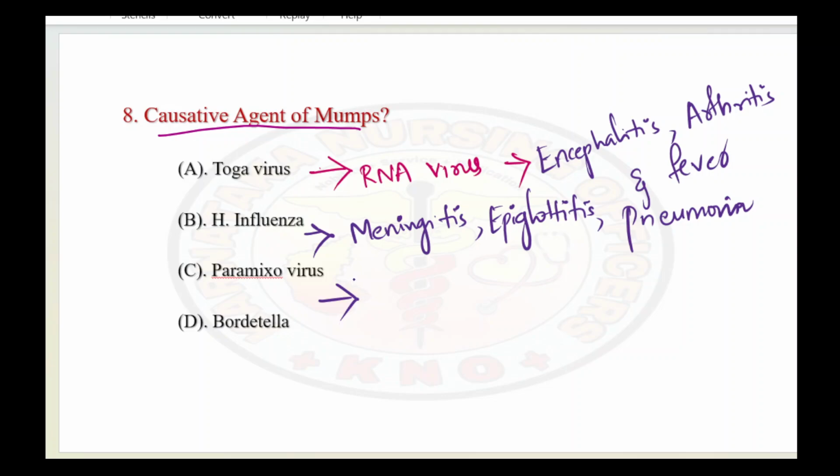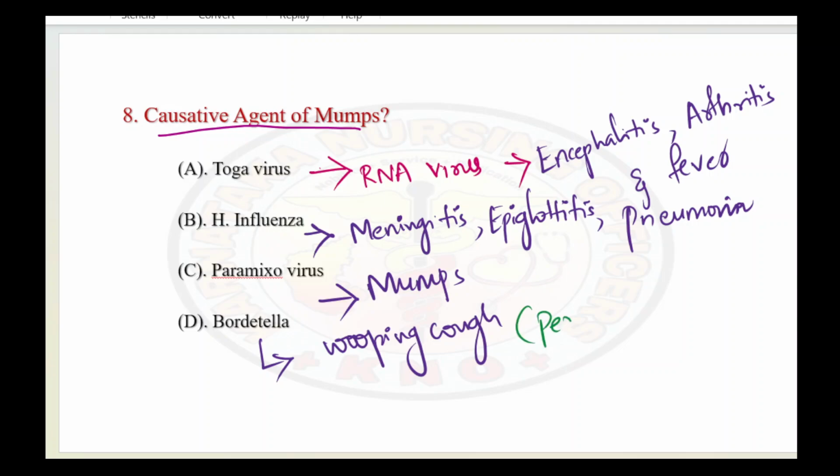So let's see the third option. Paramyxovirus usually causes mumps. Bordetella causes whooping cough, which we call pertussis.